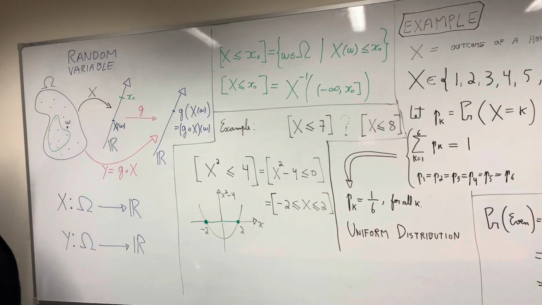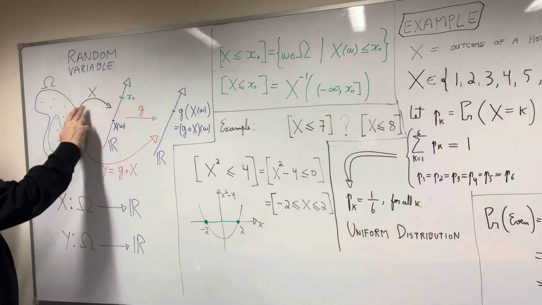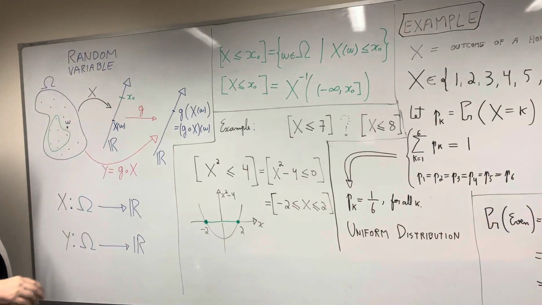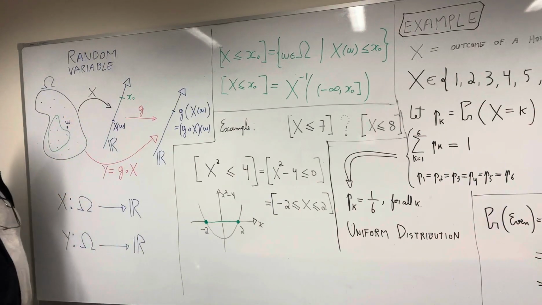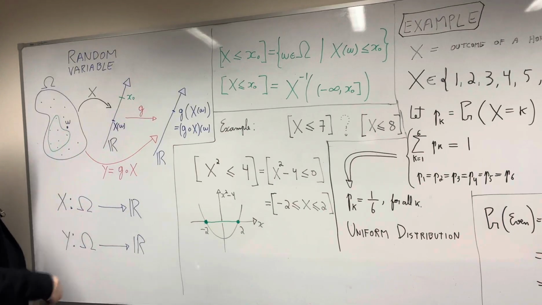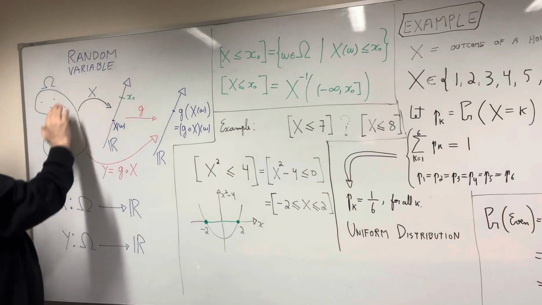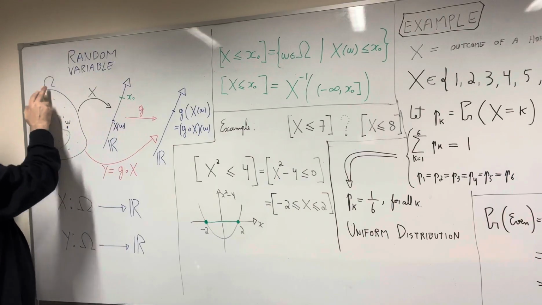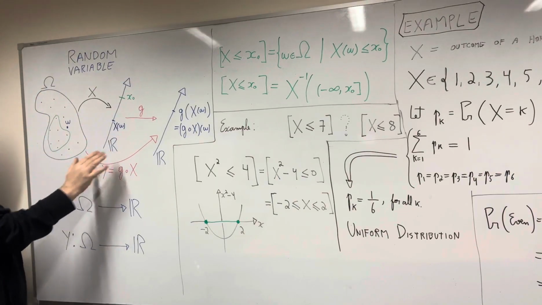A little technical note, usually this function here has to be measurable, but we are not talking about sigma algebras, and so forget about that. Let's make it really simple for us. A random variable is going to be any function mapping points of my sample space into real numbers.